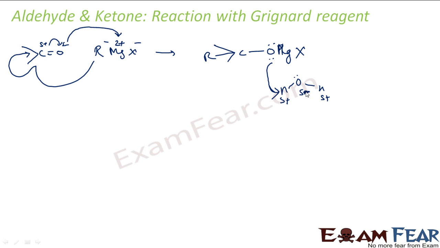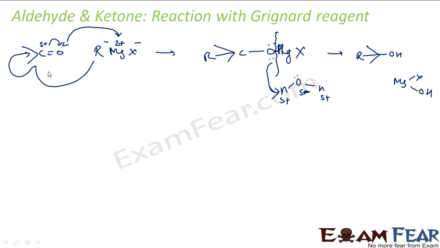So with this, this bond will break. The O and MgX bond will break now. Correct. So with this, what you get is R here and C with OH. The MgX becomes Mg(OH)X, as the extra OH minus comes here because this bond will break, and you'll get this.